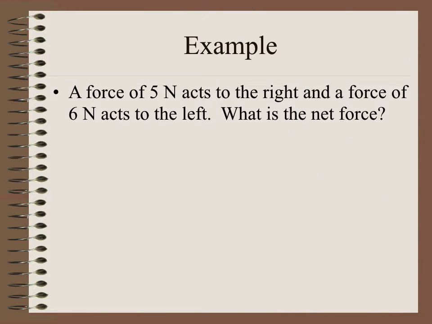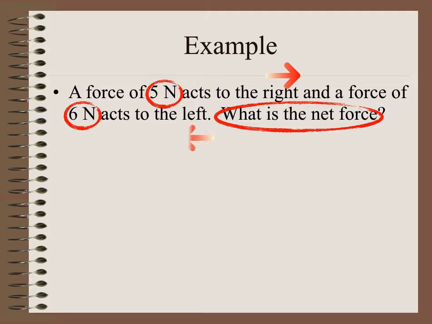Let's take a look at another example. A force of 5 newtons acts to the right and a force of 6 newtons acts to the left. What is the net force? So as usual, we identify what we're looking for, in this case, the net force. So the next thing we need to take a look at are our two forces. We have 5 newtons, which is acting to the right, and 6 newtons, which is acting to the left. So in finding the net force, we need to ask, are the forces going in the same direction or the opposite direction?